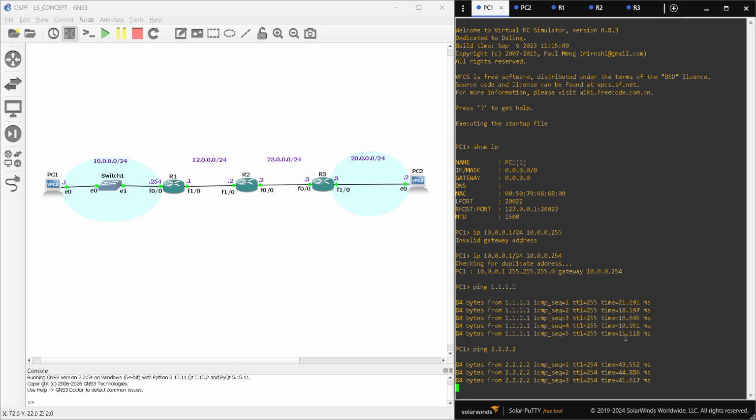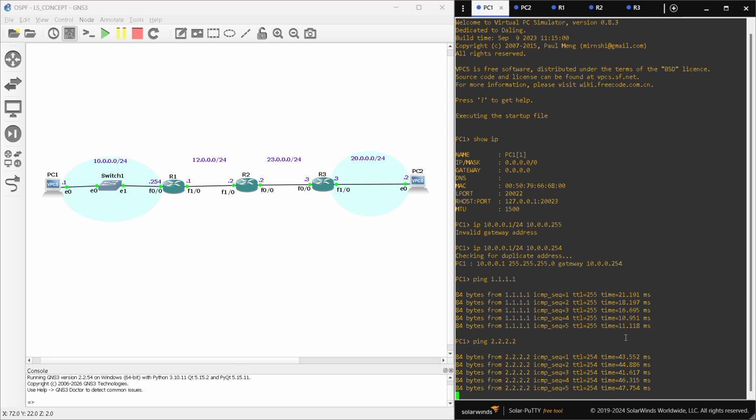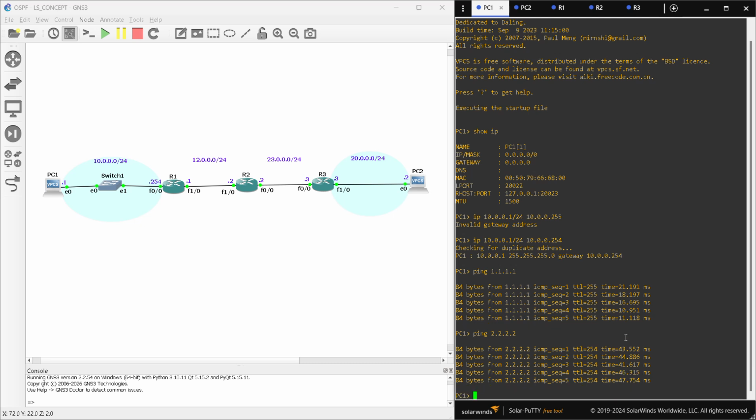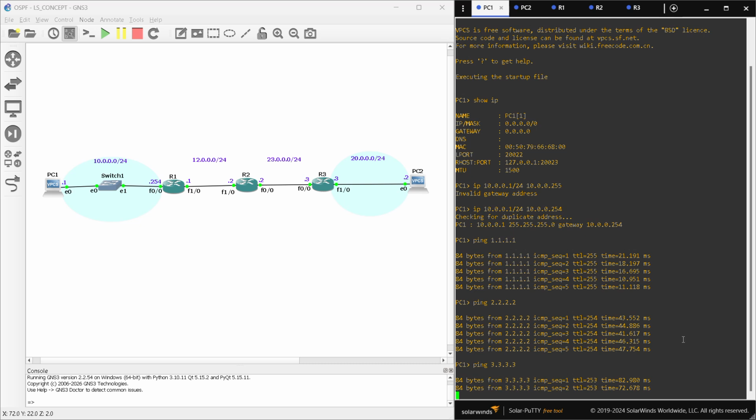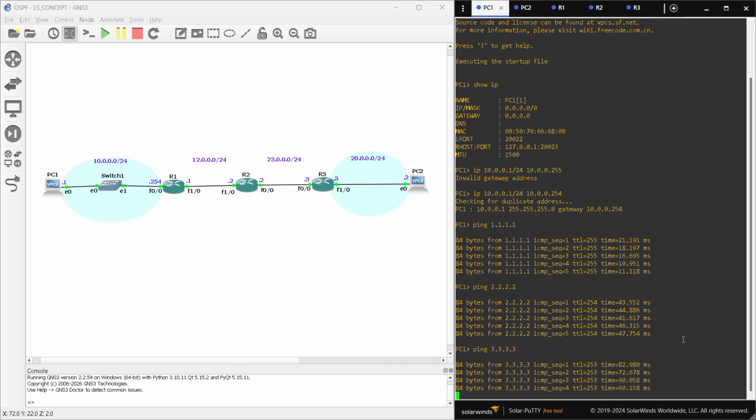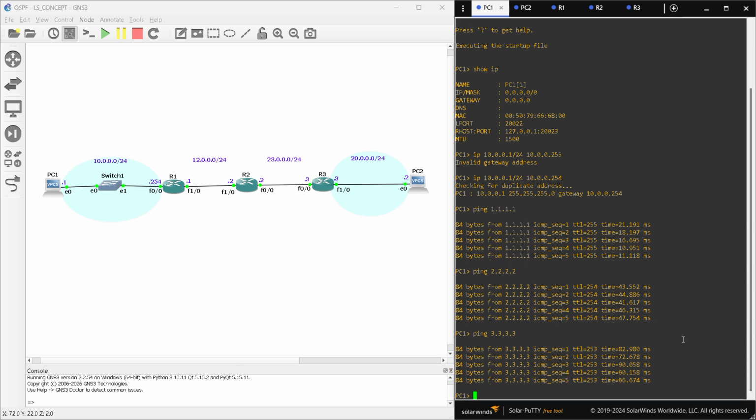It is successful. And similarly with R3's loopback, and as you can see, this was also a success.